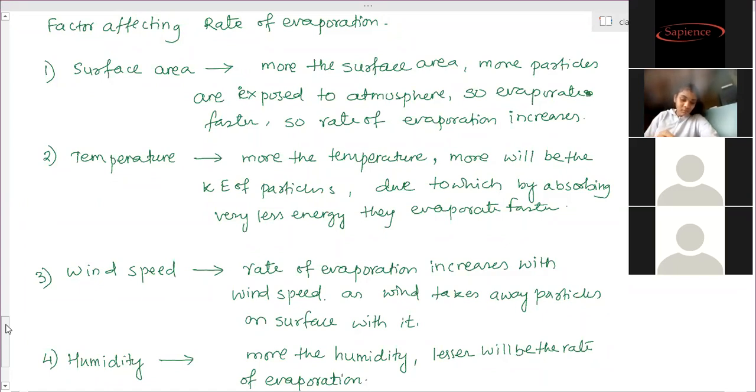And one more point you can write, that is the nature of the liquid.